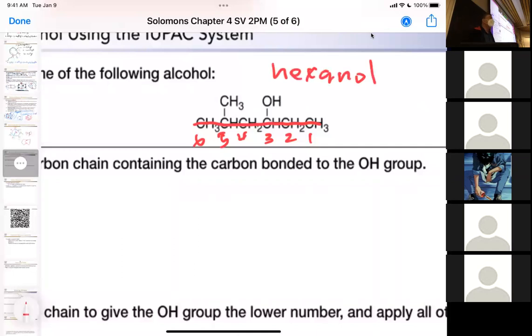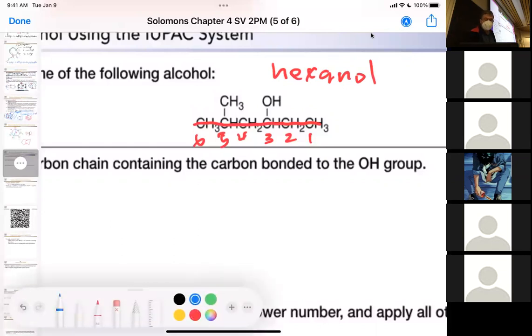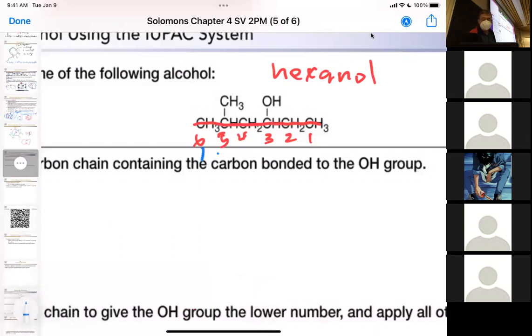Hexanol. But where is the alcohol? We have to signify where the alcohol is. We need to figure out whether we're going to number it from one side or the other. We could do 1, 2, 3, 4, 5, 6, and that would give us our alkyl substituent as the lowest number.